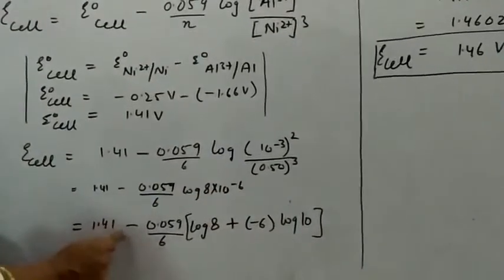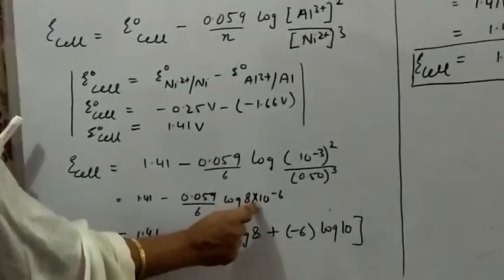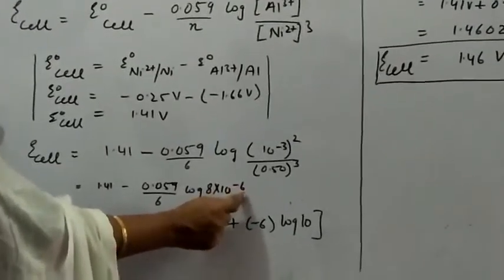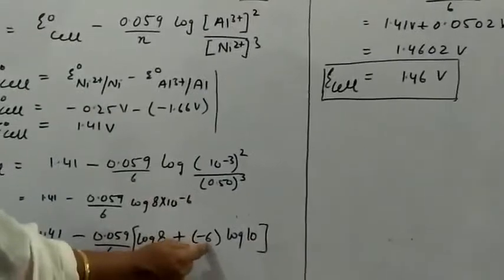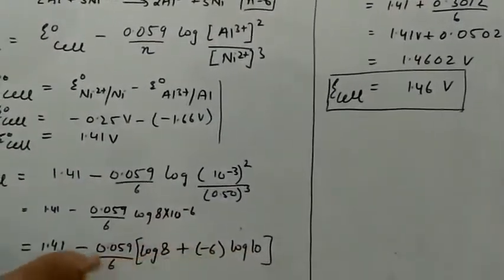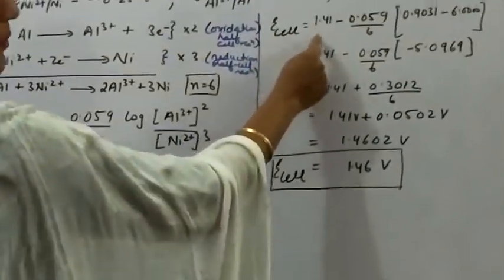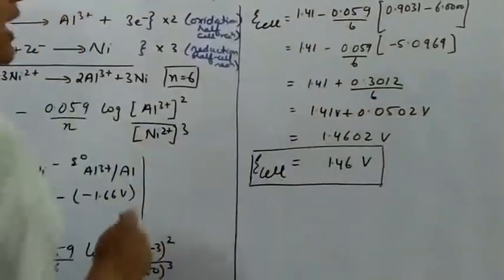So 1.41 minus 0.059 upon 6 log 8, for this we'll put here plus. This is 10 raised to the power minus 6. So minus 6, it is an exponent, it will just come before. So it's minus 6 log 10 here. Now you know that the log 10 value is 1. So E cell equals 1.41 minus 0.059 upon 6, 0.9031.